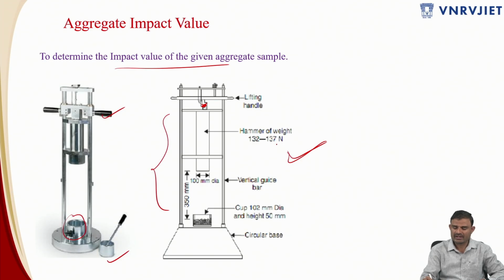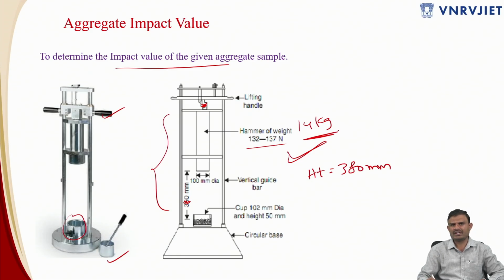Again we have a hammer of 132 to 137 newtons, which is approximately 14 kg, and the height of fall is already given, 380 mm. Selecting 14 kg replicates the field: a higher weight would have a huge effect on the aggregate, while a lower weight would have negligible effect on the aggregate impact.